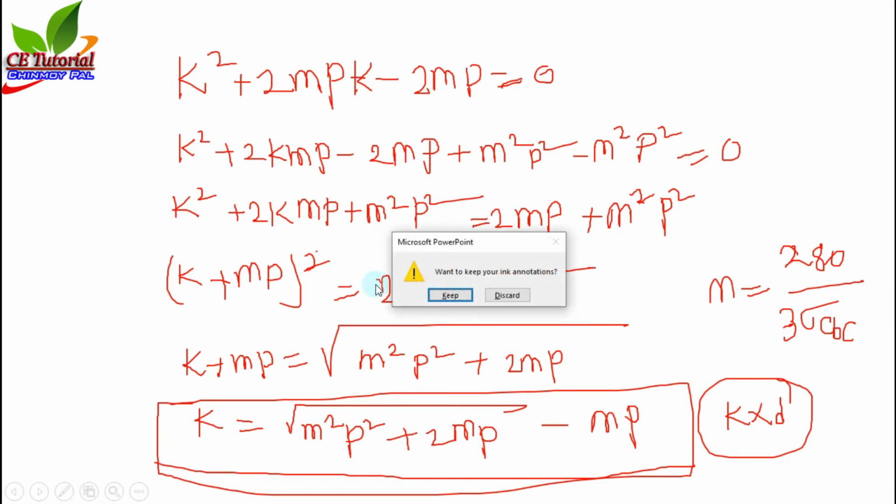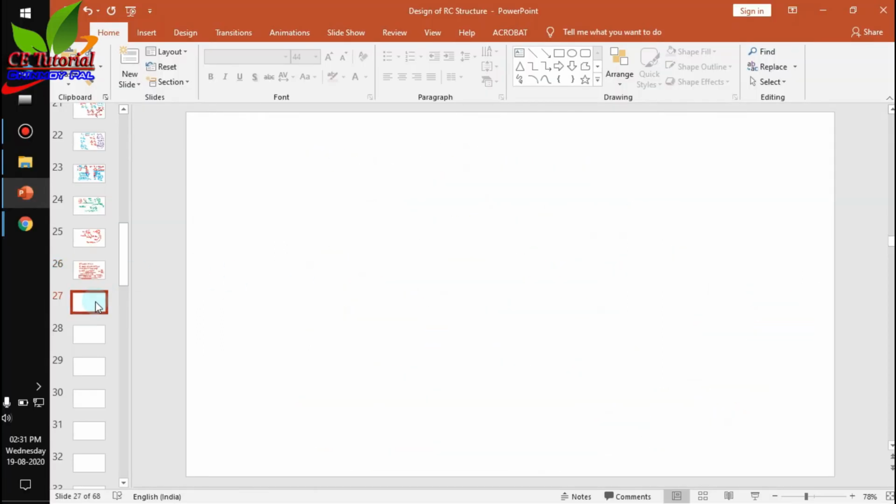Now you have to calculate the lever arm. What is lever arm? Suppose this is the section, and this is the stress diagram.